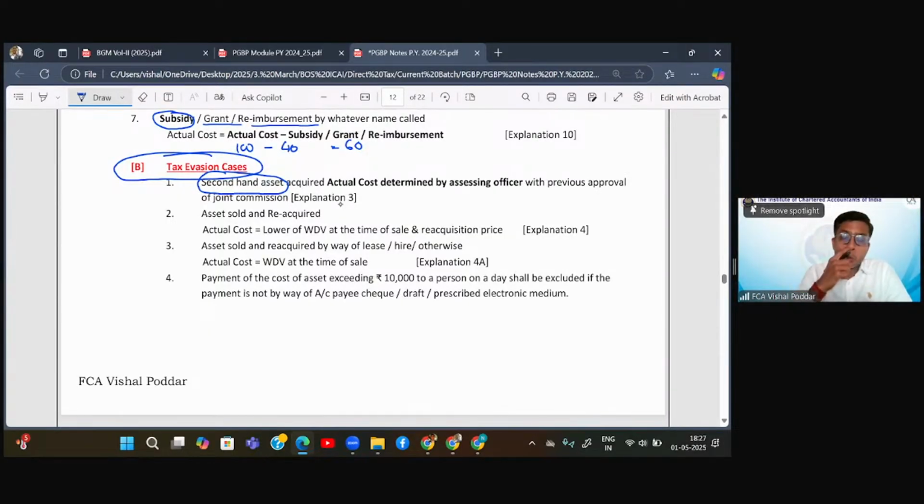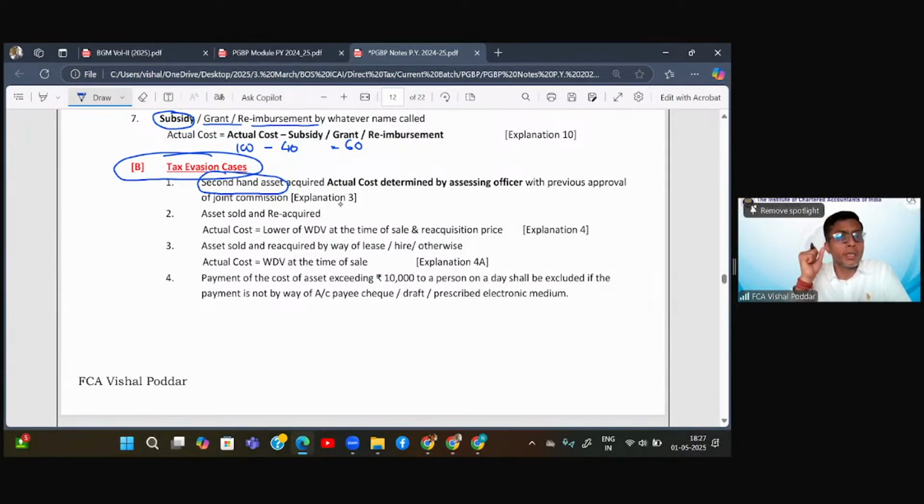So there is a very good scope that in case of a second-hand asset, I may have purchased something for 10 lakhs, but since I want to do jhol, I want to take extra benefit, I purposefully manipulate the records and transactions to show the 10 lakhs as 18 lakhs. Now, 18 lakhs is included in my cost of acquisition and I will be getting depreciation on 18, which is incorrect because I should get it only on 10.